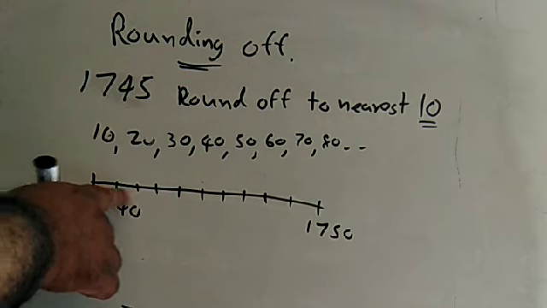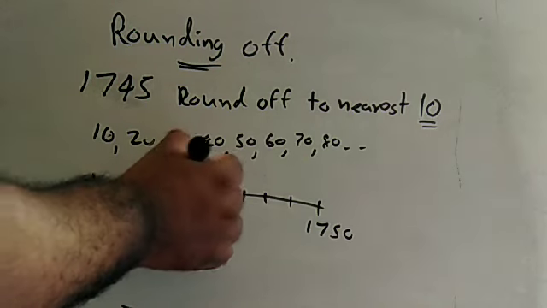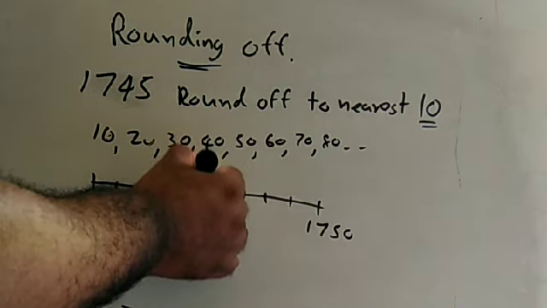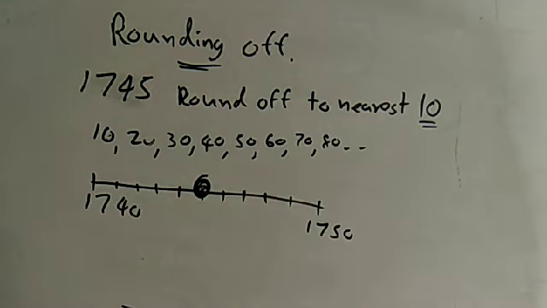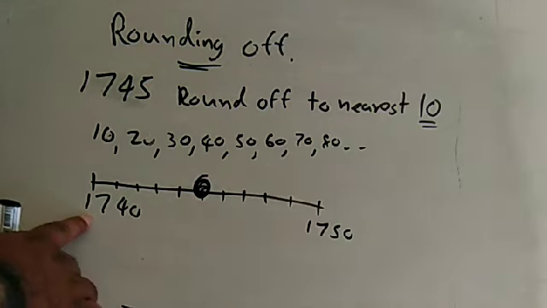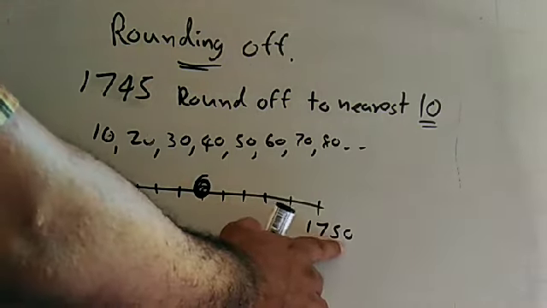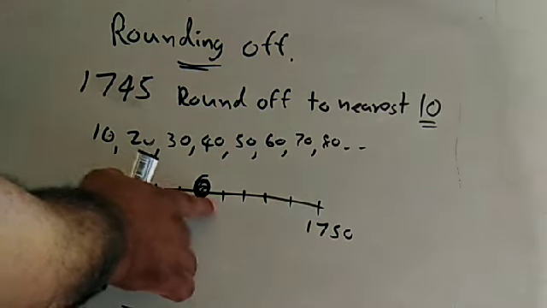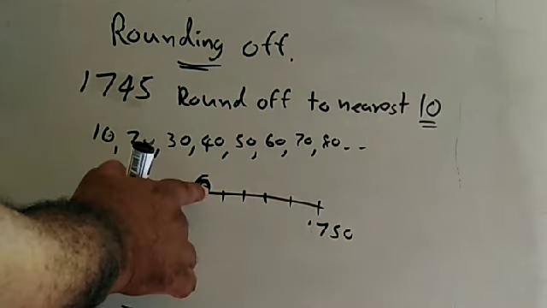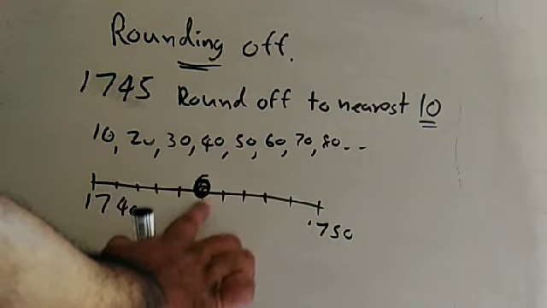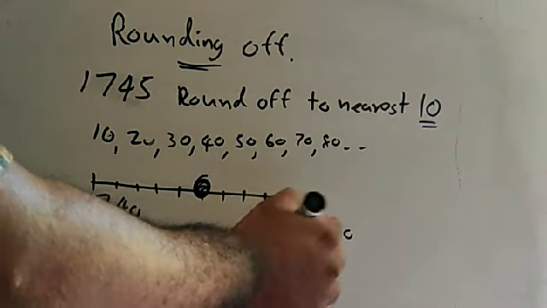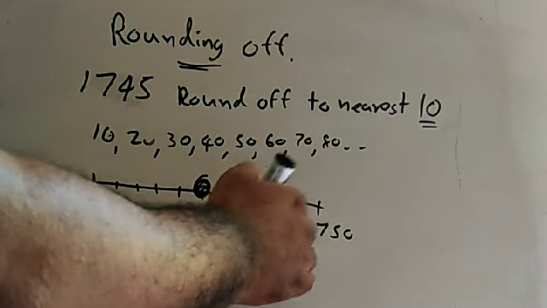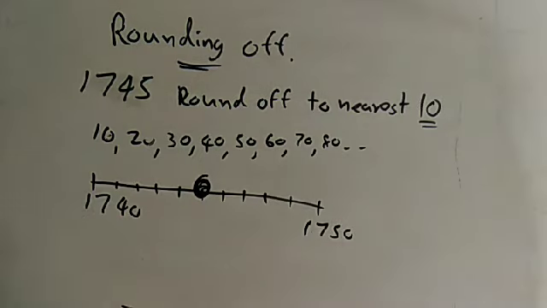Now 41, 42, 43, 44, 45. 1745 is here. Now what is the nearest number, 1740 or 1750? Same distance. Therefore, when there is a 5 like this, we take 1750, the bigger number.